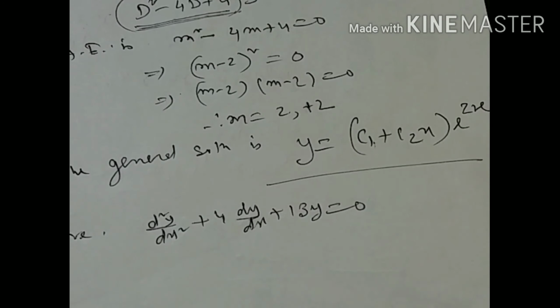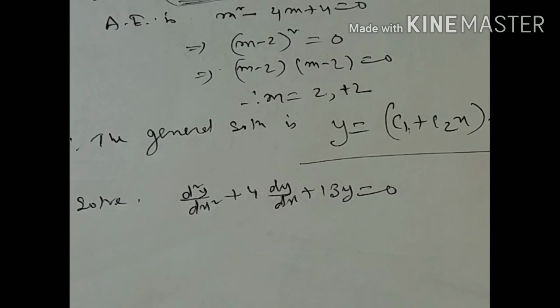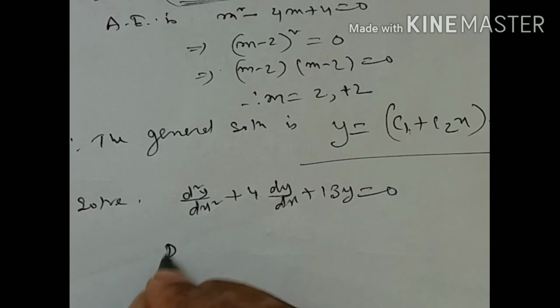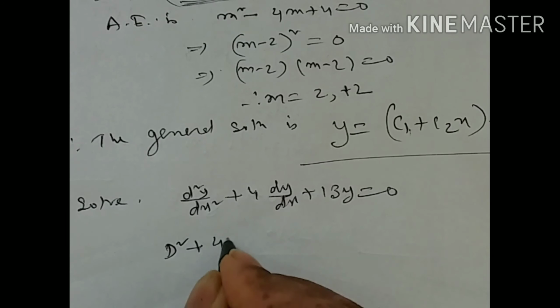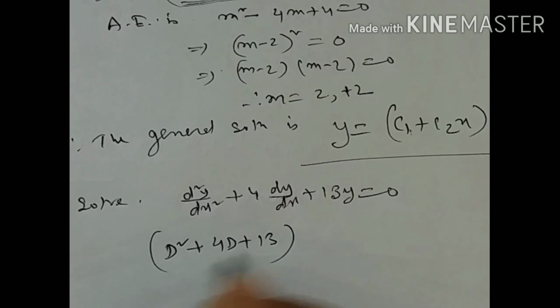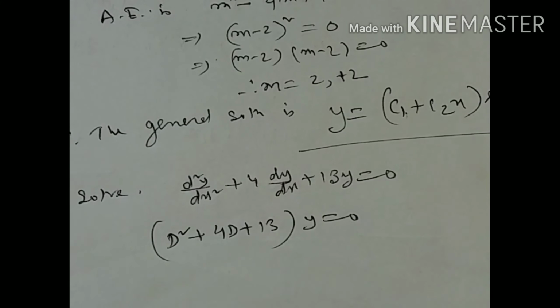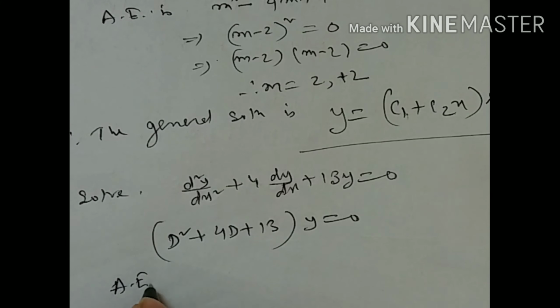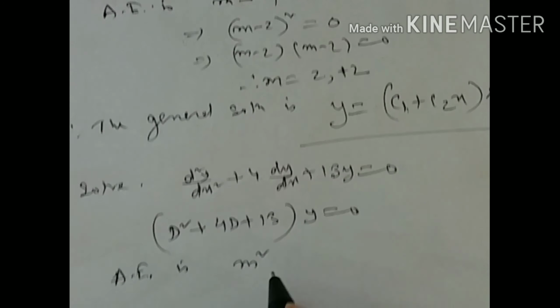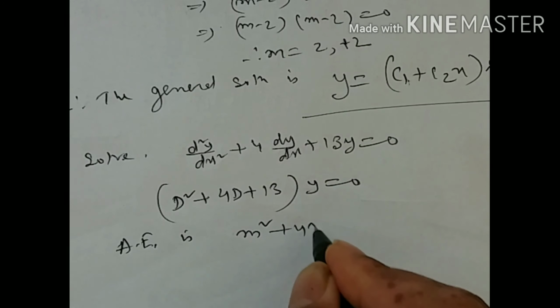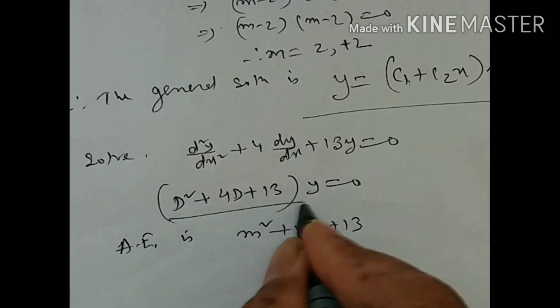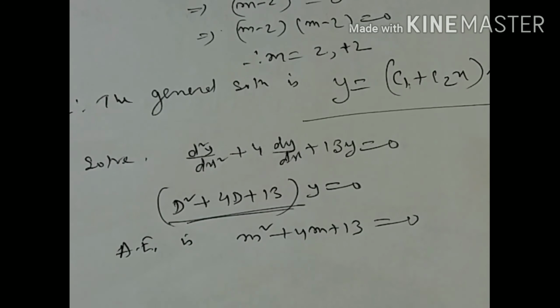Okay. Now we will see this example for the third case. First you write the equation in symbolic form. Here also D stands for d by dx. Then the auxiliary equation, writing m in place of D in the function of D equal to 0. We have to find out the roots of this equation.